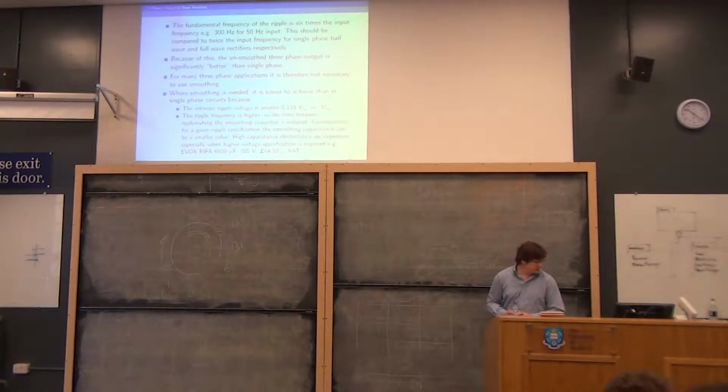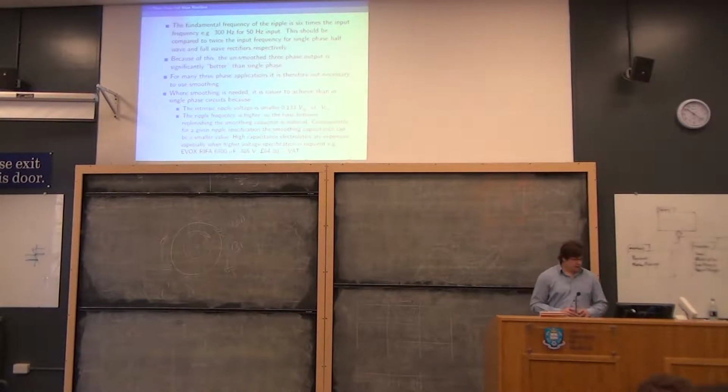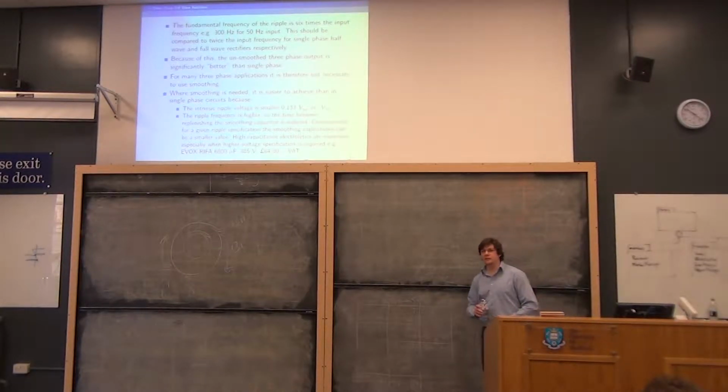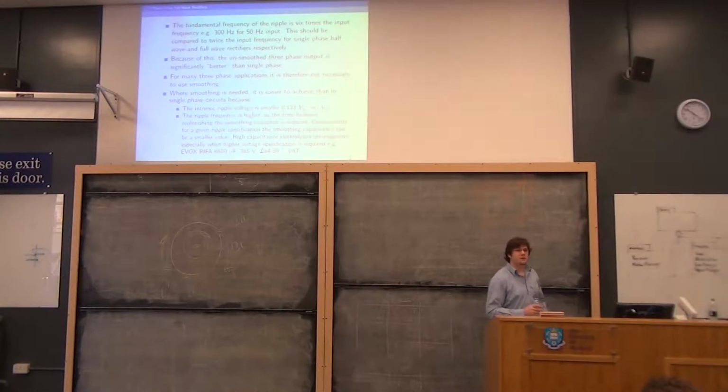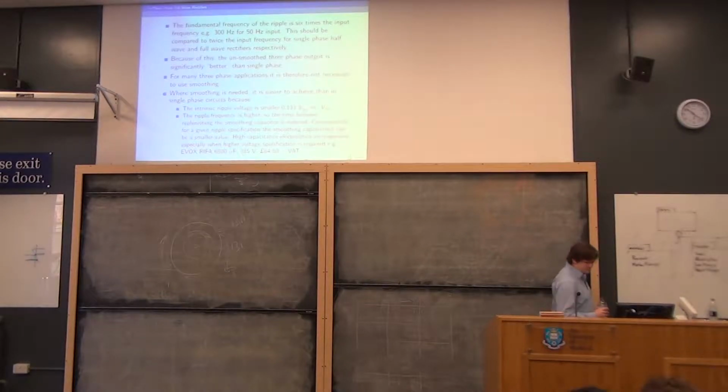And just to give you an idea about how expensive electrolytic capacitors can be, here is one I looked up about 8 months ago. So it will take you to a new website if you Google it, but it's all the same. 6,800 microfarads is quite small in terms of smoothing capacitors.